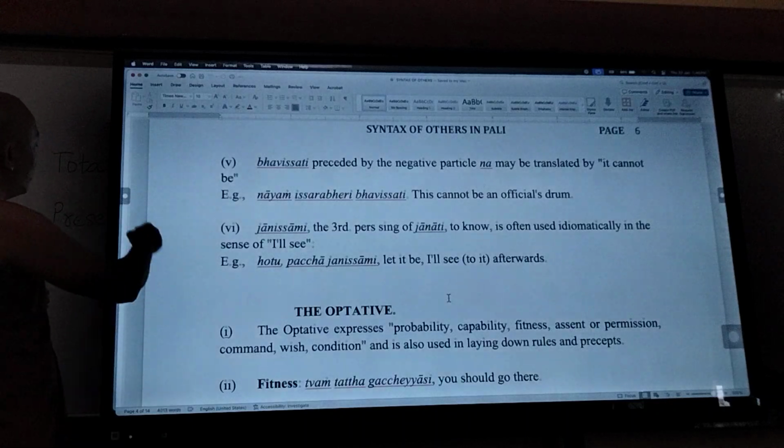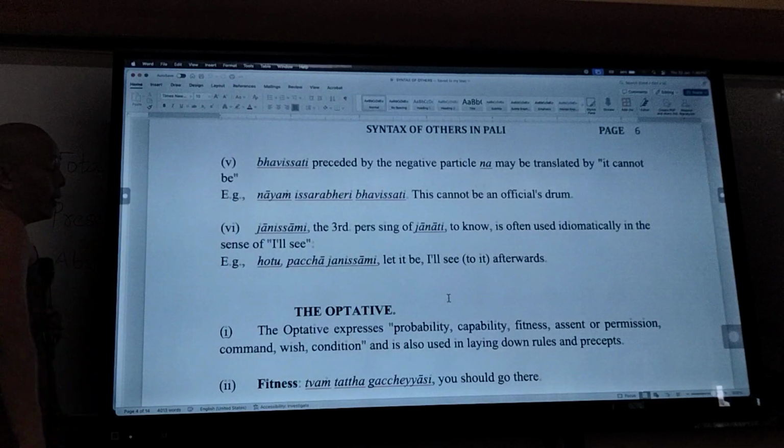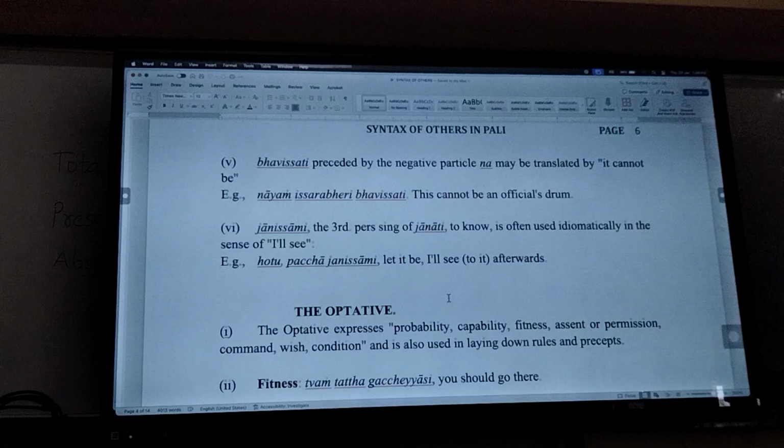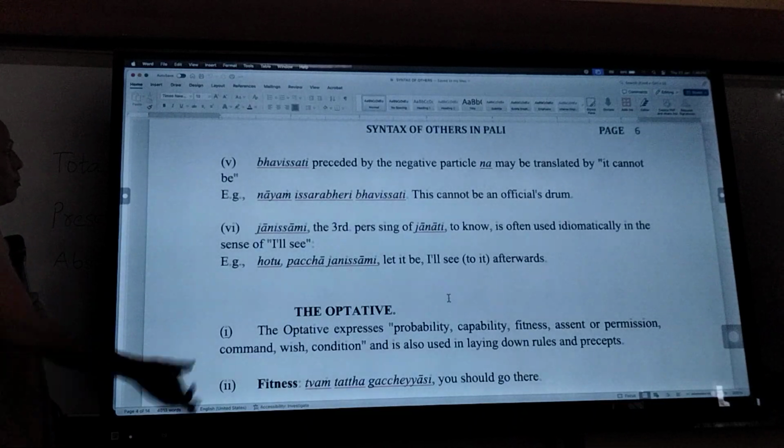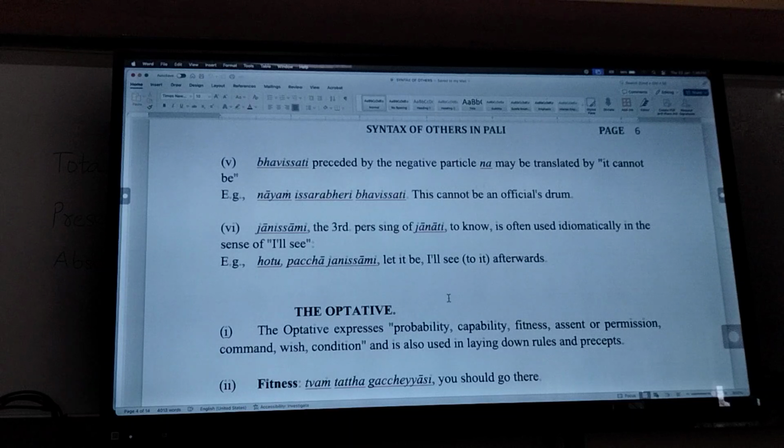Commonly, to understand the sense of "can", the future tense can also be used, though the sense of "can" is usually expressed differently. But the future tense sometimes can be understood with the negative: it cannot be.